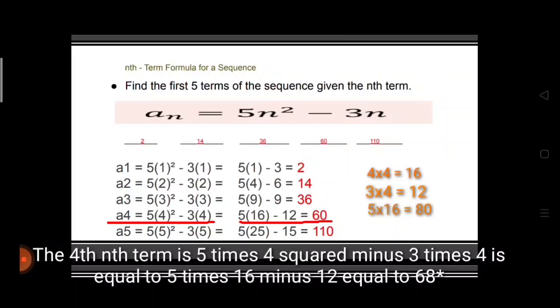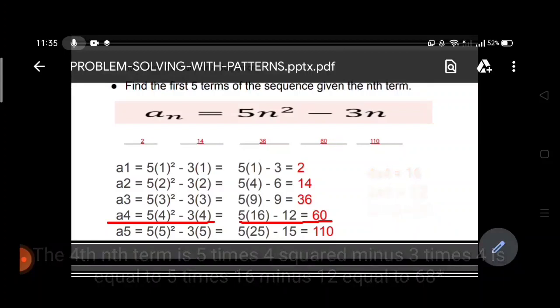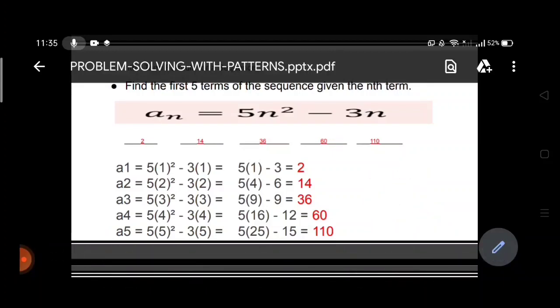Then bago ko makuha yung 60, tinimes ko po muna yung 16 times 5, so 5 times 16 is equal to 80 minus 12. Mali yung naging sagot ko dyan, pero ang tama is 68. That's the fourth term of the sequence.